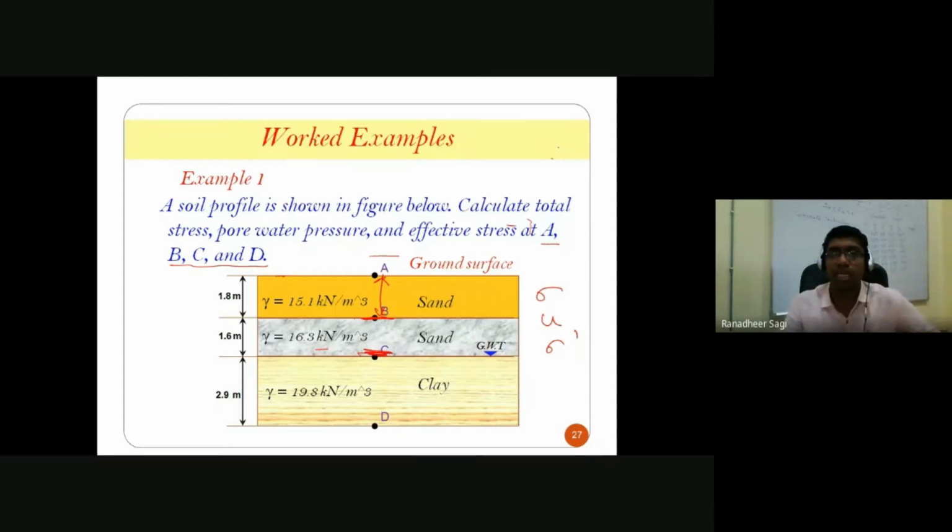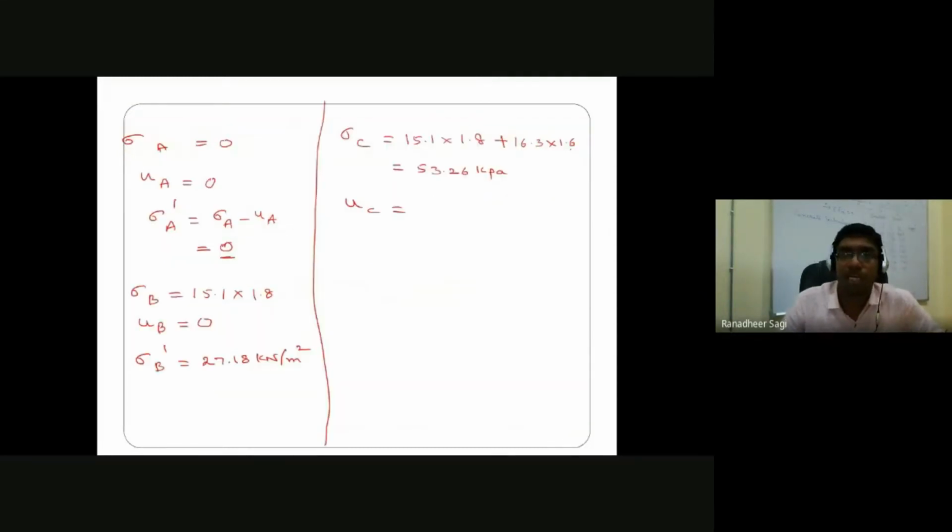So automatically the pressure head at point C is equal to 0, and then the pore water pressure at point C is also equal to 0. So effective stress at point C is simply 53.26 minus 0, which is equal to 53.26 kilopascal. So I have calculated whatever data is required at point C.